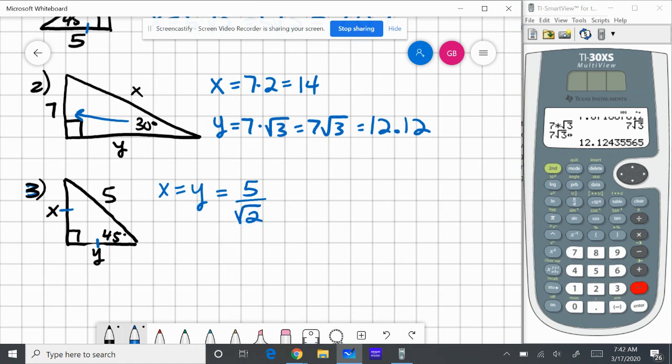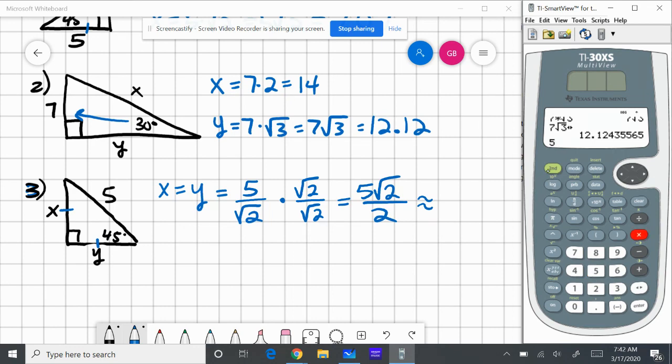Now here, remember that we cannot have radicals in the denominator. So we're going to rationalize it by multiplying by the square root of 2 over the square root of 2. That turns our answer into 5 square root 2 over 2. That's the simplest radical form. So now let's change this to a decimal. So 5 times the square root of 2.